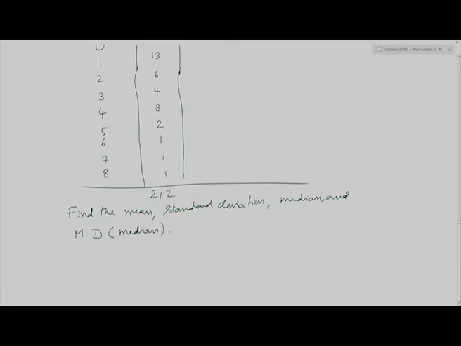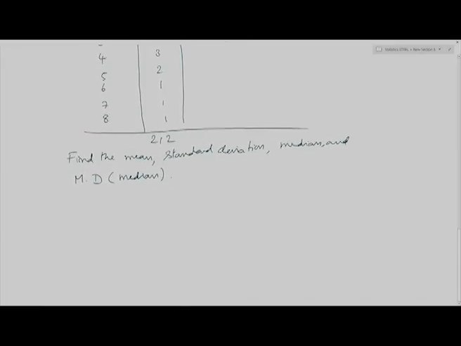Okay. Let us analyze this given data, and we know that to compute the x bar we have the formula sigma fi xi divided by sigma fi. The sigma fi is already known, it is 212.